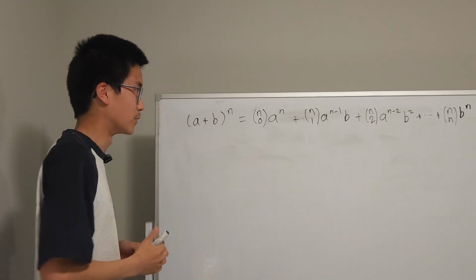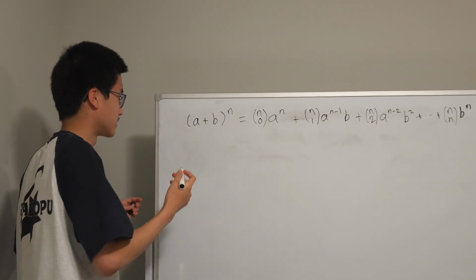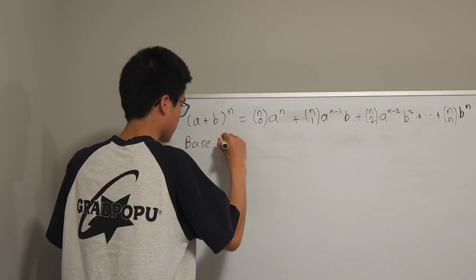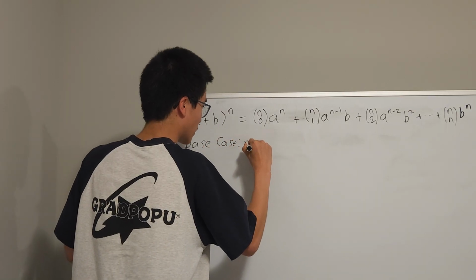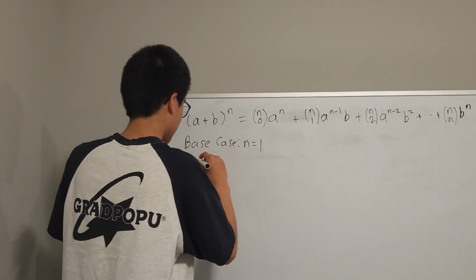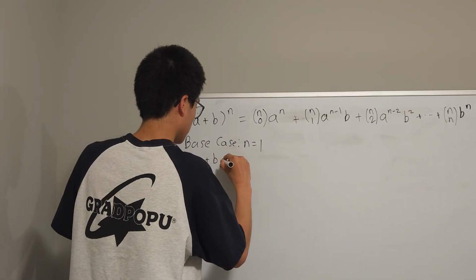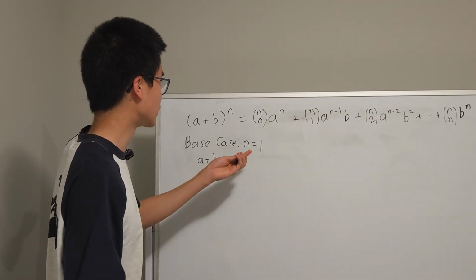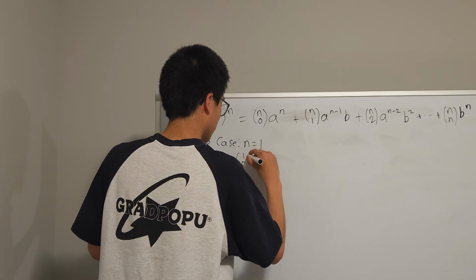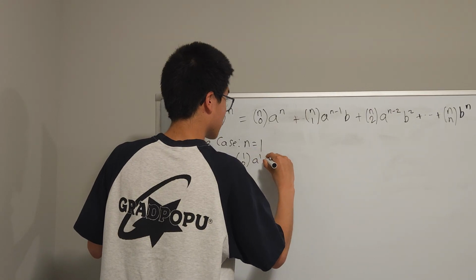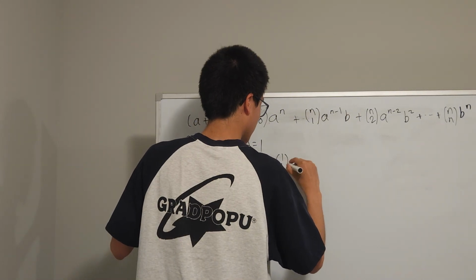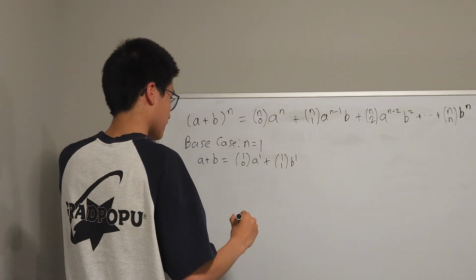So yeah, we'll prove this using induction. This is our base case, n equals 1. If we substitute 1 in here, we get a plus b. And if we substitute 1 on this side, this will become 1 choose 0, a to the power 1, plus 1 choose 1, b to the power 1.